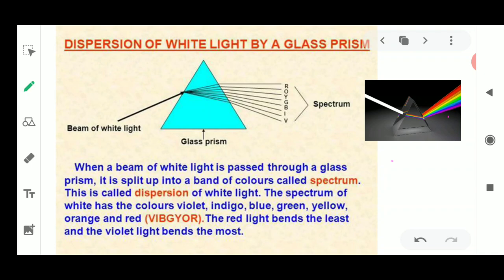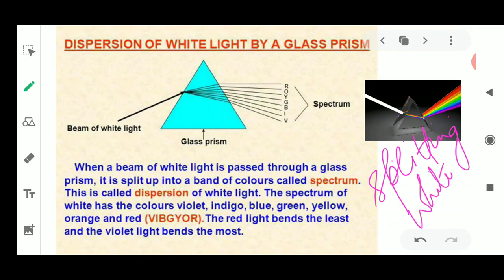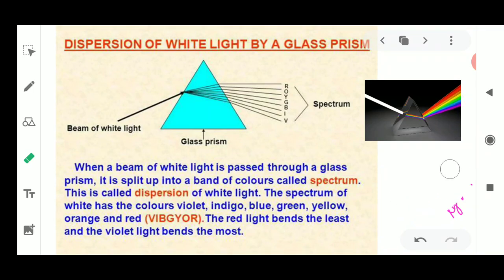Dispersion means the splitting up of white light into its constituent colors. What are these constituent colors? It is the 7 colors, or the spectrum, which is the band of 7 colors.